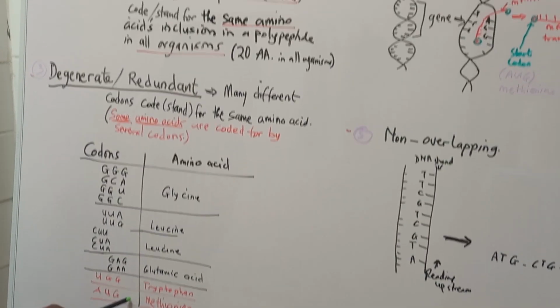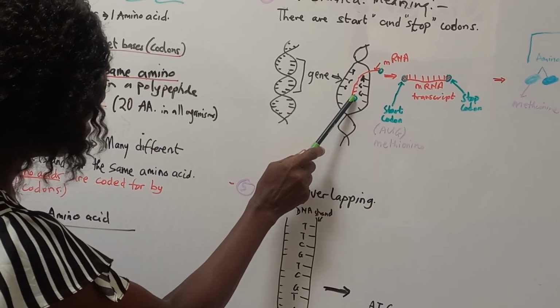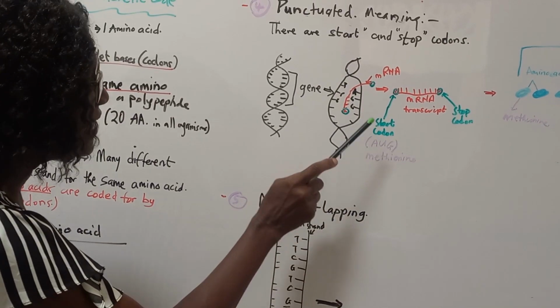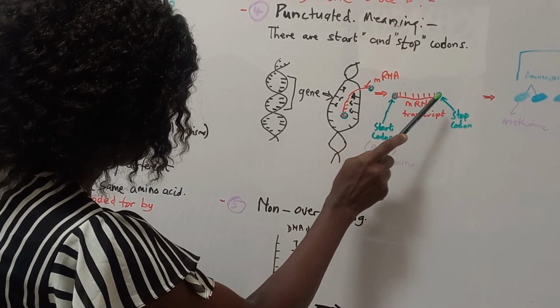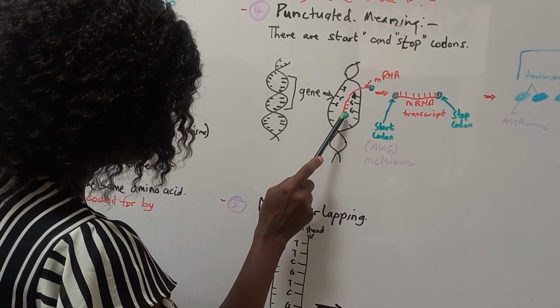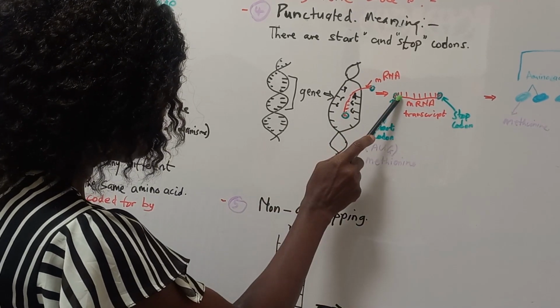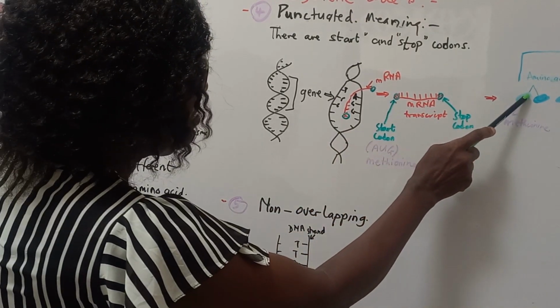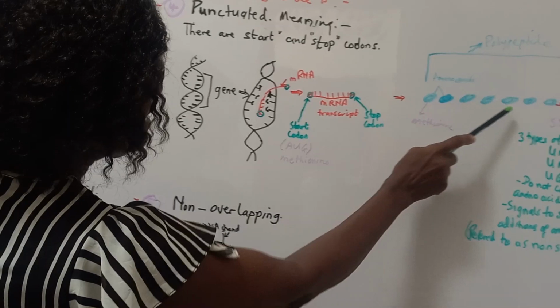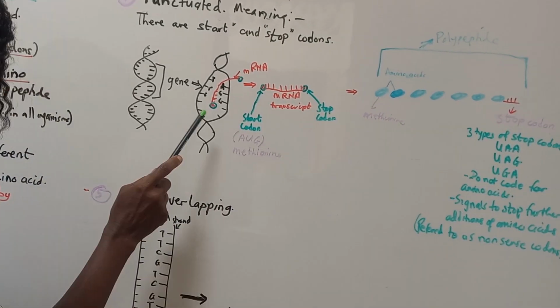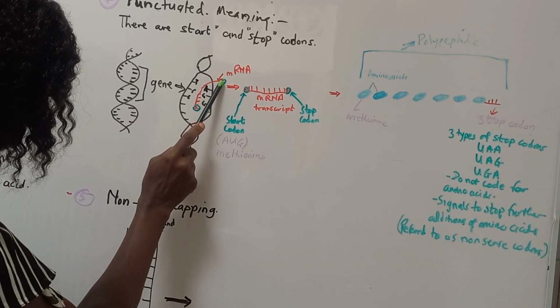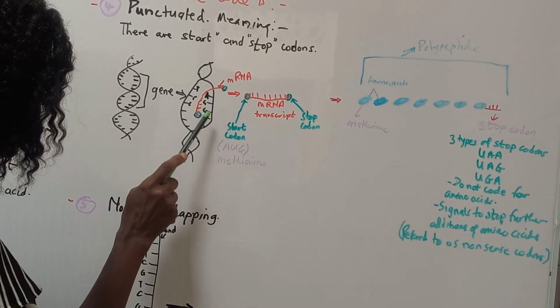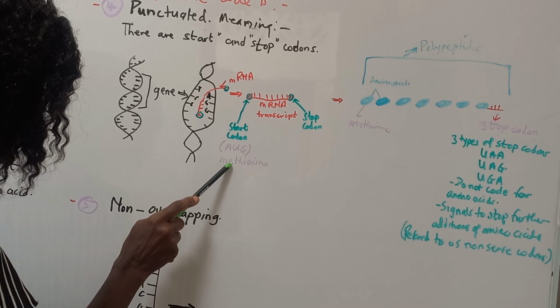This AUG is a codon that starts the beginning of every messenger RNA, and that AUG will finally stand for the amino acid methionine in a polypeptide chain. So there's always a start codon, and that start codon is the amino acid methionine.